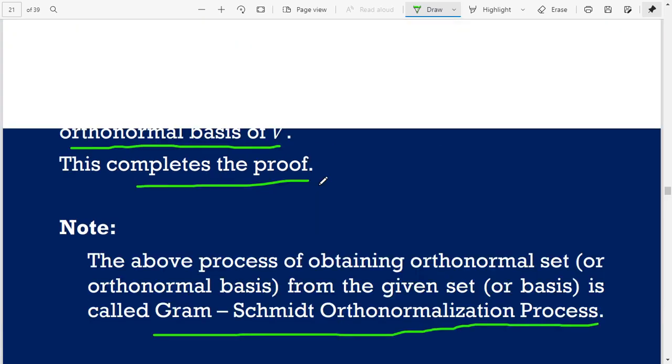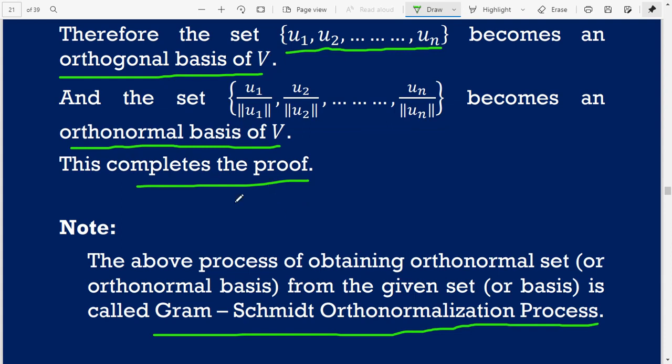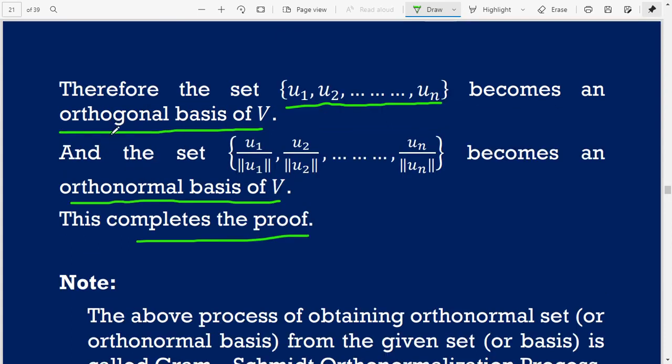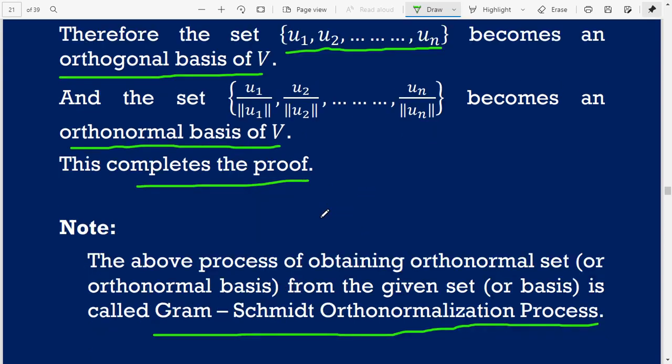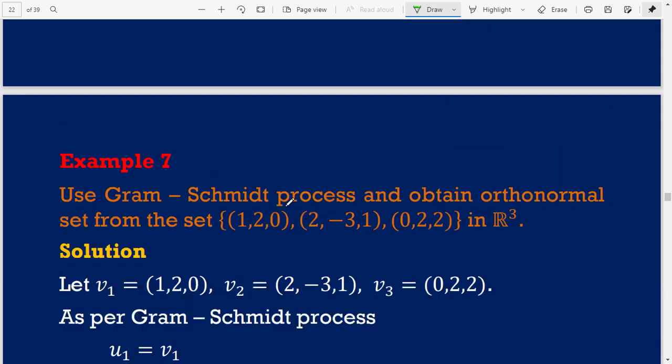In this theorem, we find the orthonormal basis. Now we see an example of this Gram-Schmidt orthonormalization process.